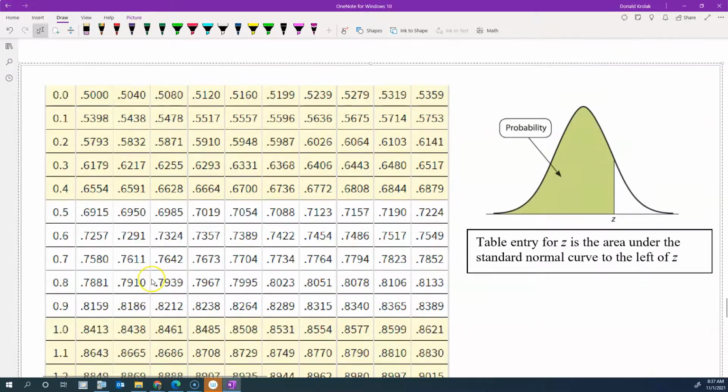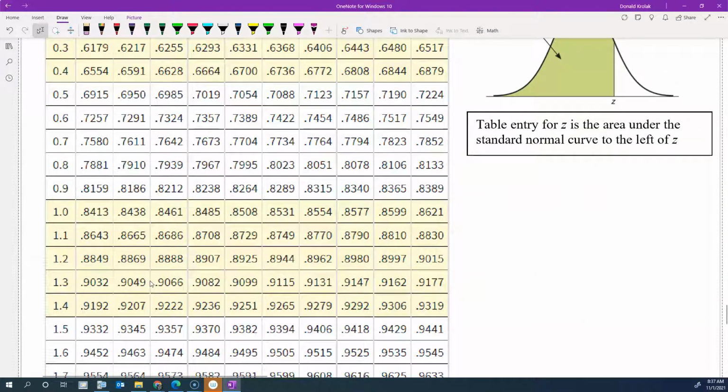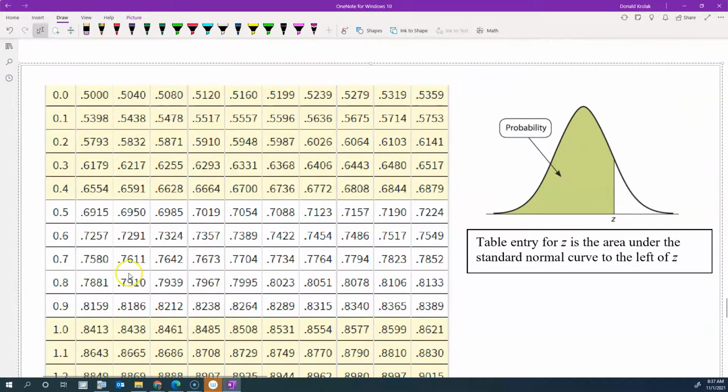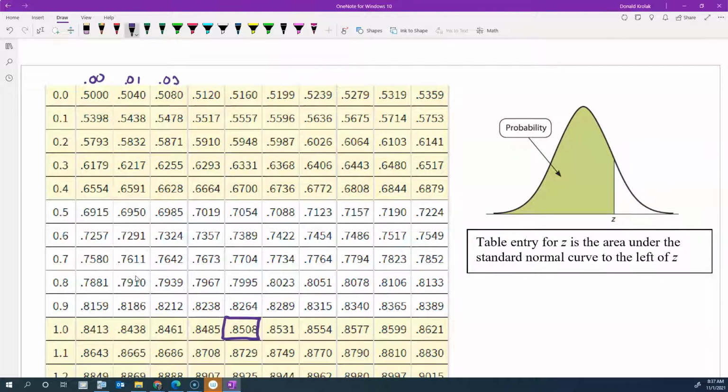So I'm going to look for 0.85 right here. That's the closest I can get to it. Okay, and so this is 0.00, 0, 1, 2, 3.